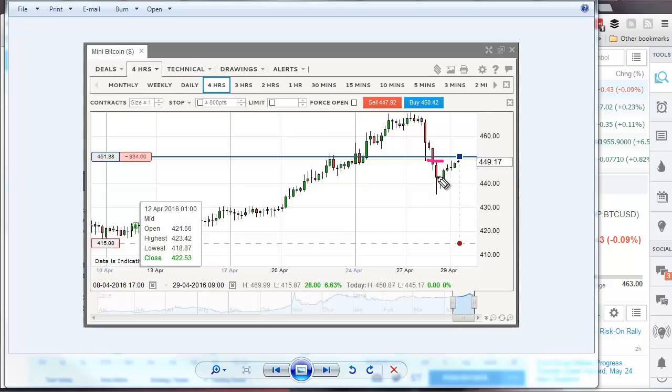So once the high of that bar is taken out, and you'll see the blue line here is where my entry is, at 449.17. So it was a little bit past the high of that bar, but it did require some patience to sit and wait for this to break that level.